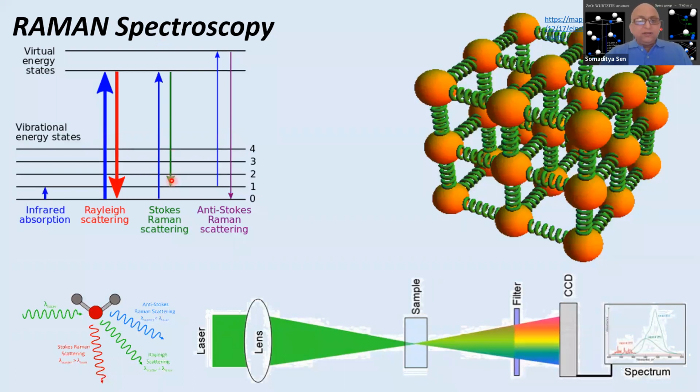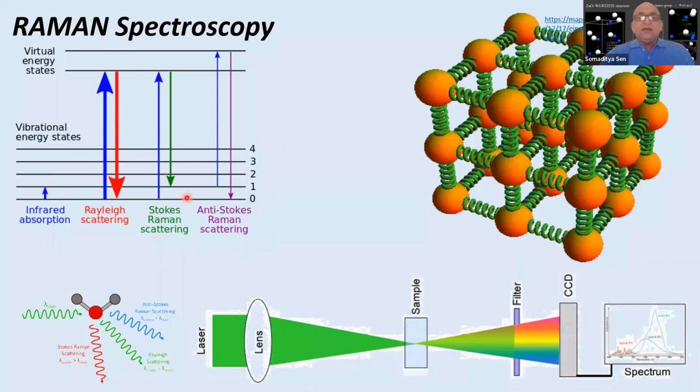It can be a lower energy state or a higher energy state. The lower energy state is Stokes Raman scattering, and the higher energy state is anti-Stokes Raman. So if the vibrational state from which it started is not the same as where it has landed, then we get Stokes or anti-Stokes Raman scattering.